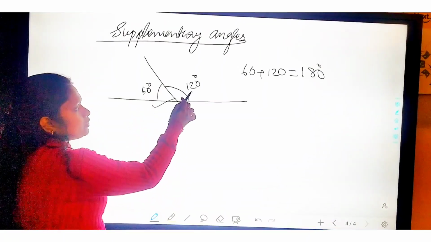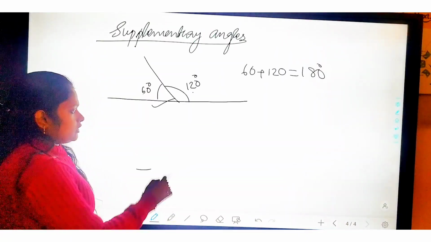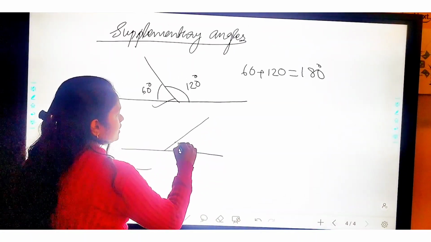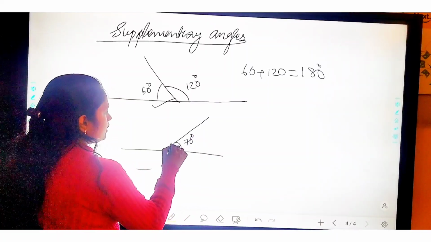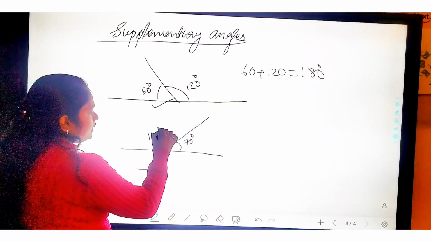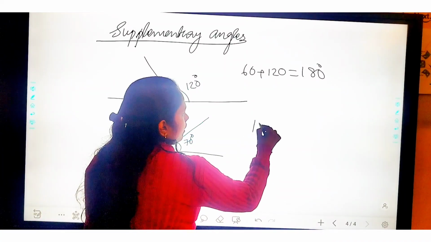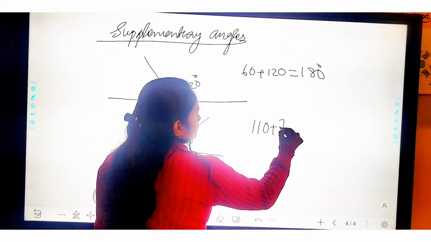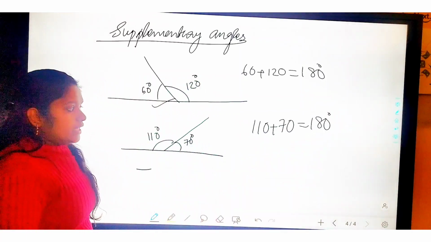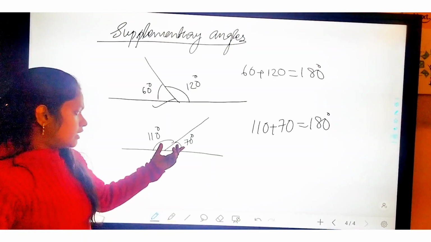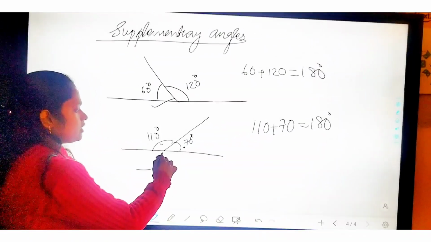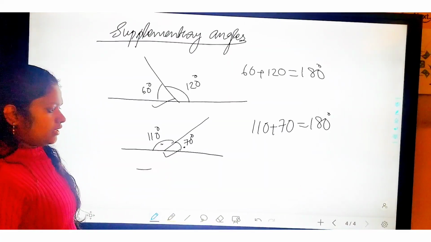So 60 and 120 are supplementary angles. One more example. If this angle is 70 degree and this angle is 110 degree, then if you add these two angles, we will get 180 degree. So if the sum of their measures is 180, then we can say that these are supplementary angles.